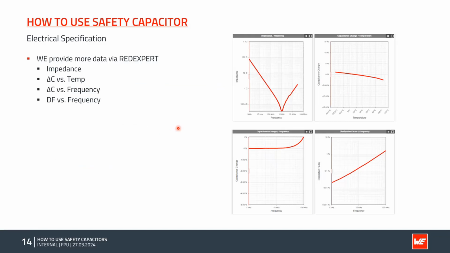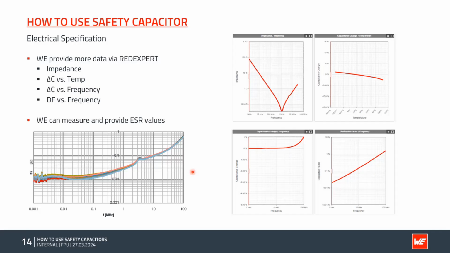Then we also provide a lot of data for selection purposes, like the impedance, what you see, like the capacitance change over temperature, dissipation factor, and also capacitance change over frequency. But the most critical thing to measure is the ESR, because it's so low that you see here also in the beginning that the measurement setup and the measurement device have a problem measuring it.